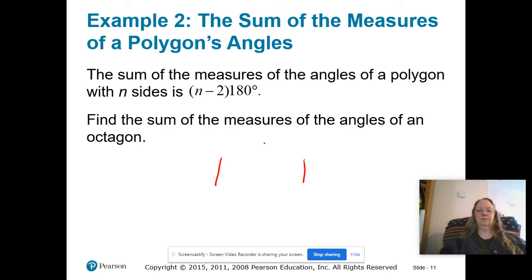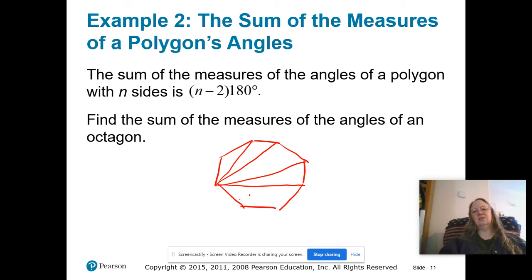Hexagon. Use your imagination, that's supposed to be a hexagon. So again with my triangles. I've got 6 sides, or did I get 8 sides? 1, 2, 3, 4, 5, 6, 7, 8.